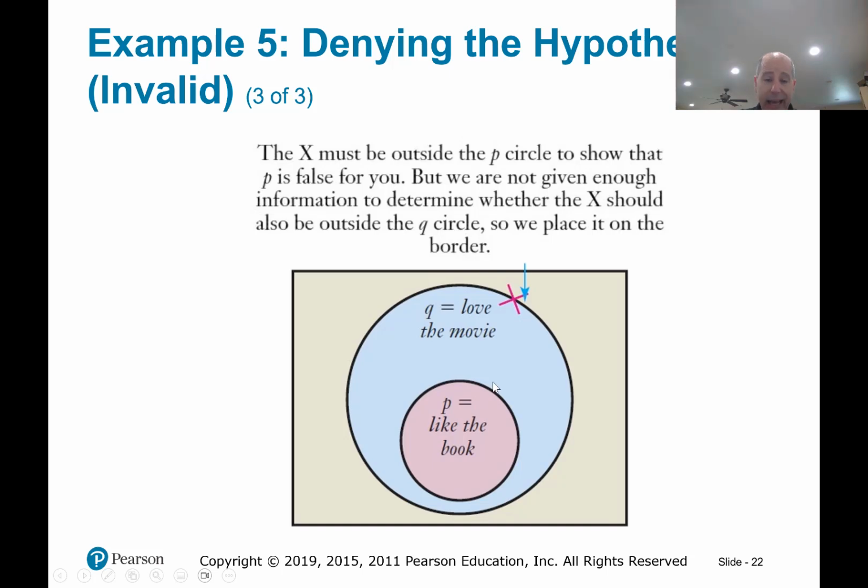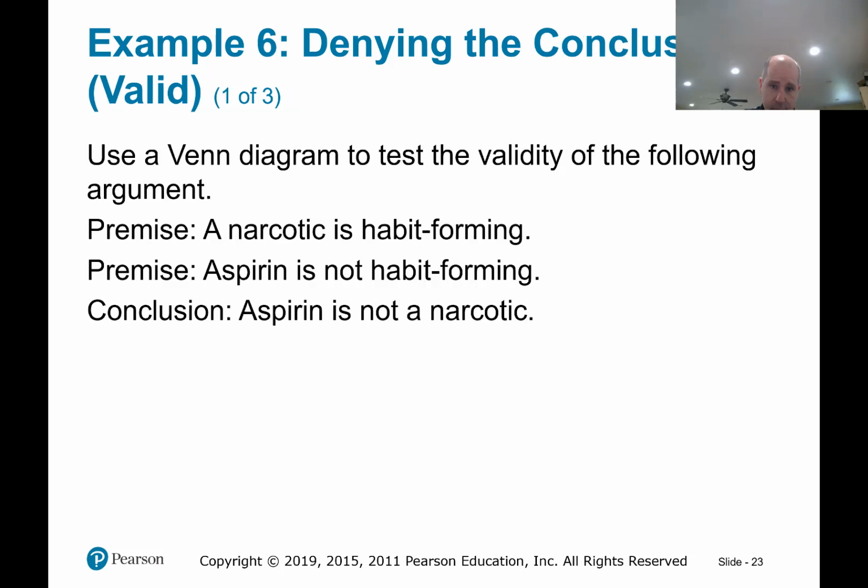So now, again, if you did not like the book, all that means is that the X is outside the pink circle. So you could be here, but the X could also be out here. Either way, you'd still be outside the pink circle. So again, it's ambiguous where to put the X. And so the X goes on the border and it's invalid.